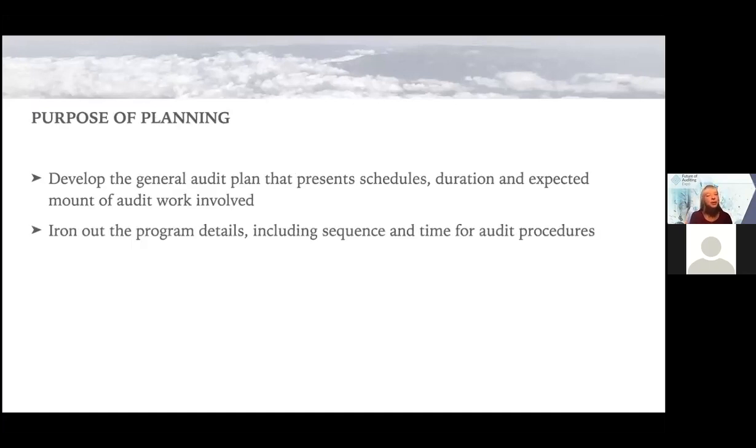So the purpose of planning, of course, is so that we are both on the same page, the auditor and the auditee, for what's going to happen, who's going to be present, how long it's going to be taking, when it's going to start, when it's going to end, when we gather together, different people that we talk to, and so on. So you want to have all of these ironed out as best you can before you walk in the door.